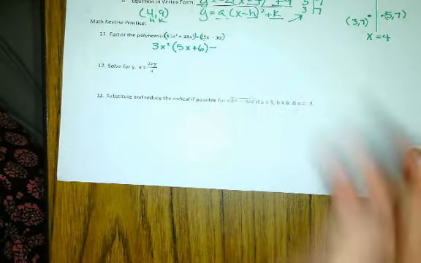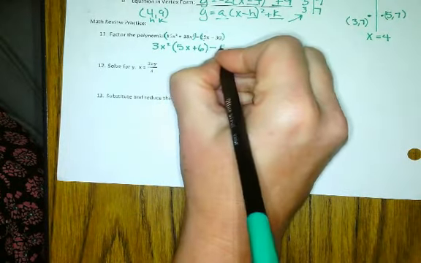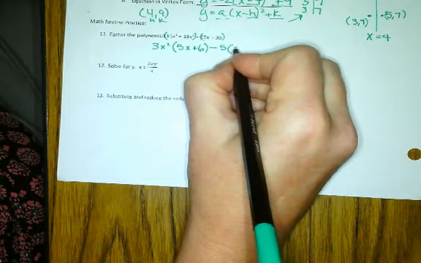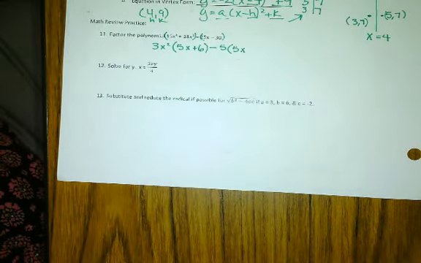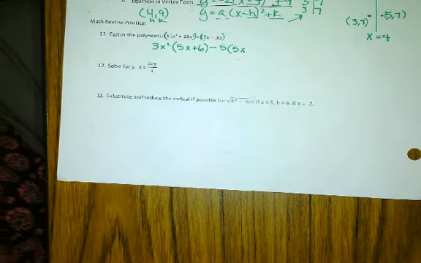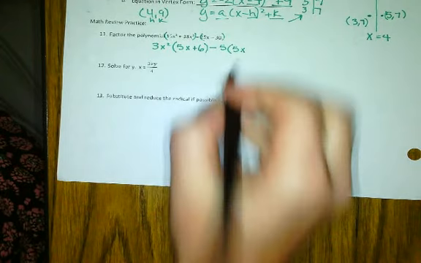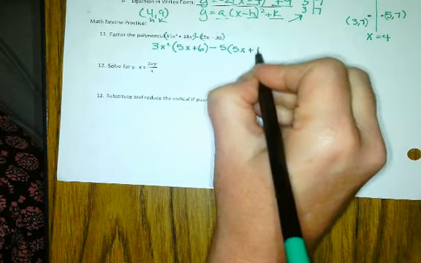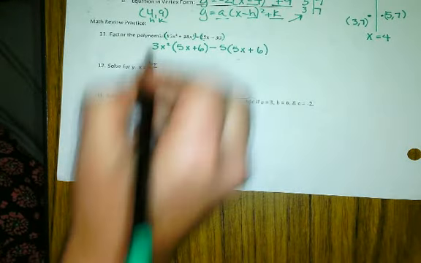Put a minus. The greatest common factor of 25 and 30 is 5. So negative 5 times 5x will give me negative 25x. And then negative 5 times positive 6 will give me negative 30.